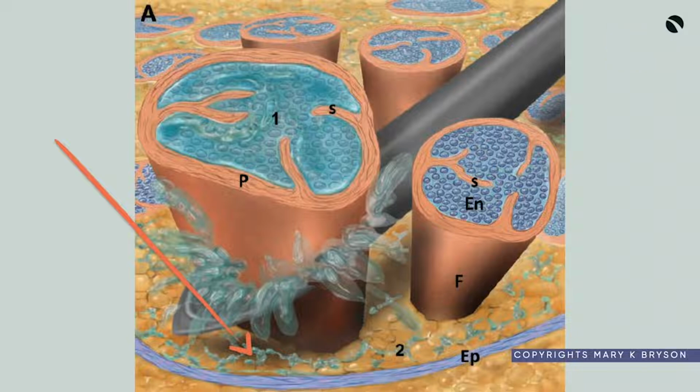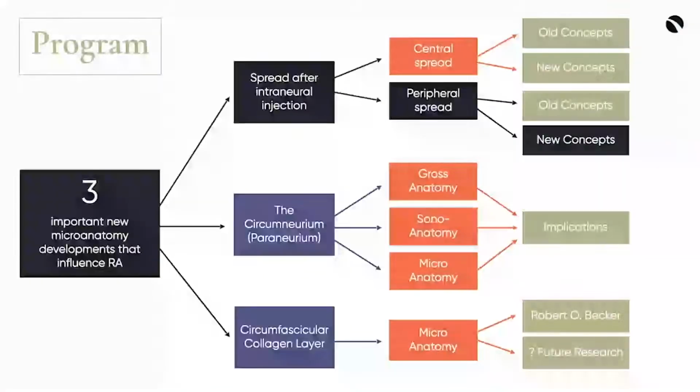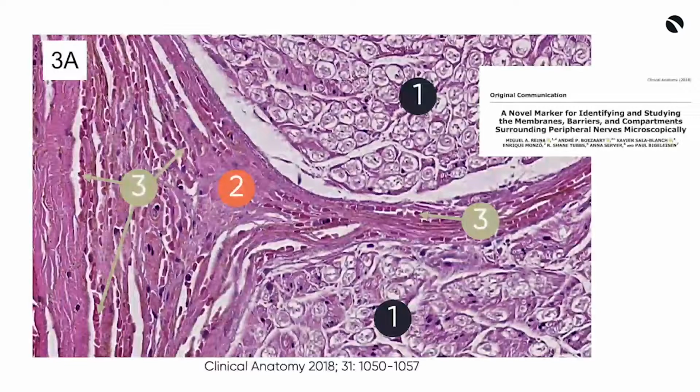Let us now look at some newer concepts of intraneural spread in peripheral nerve. In this paper from our group from the Reina laboratories in Madrid, we introduced a novel marker we called heparinized blood solution, HBS, to histologically follow the spread of a solution deliberately injected into nerves.